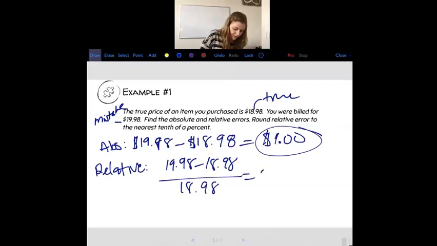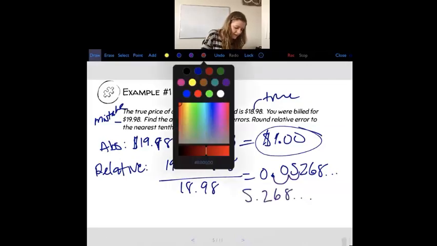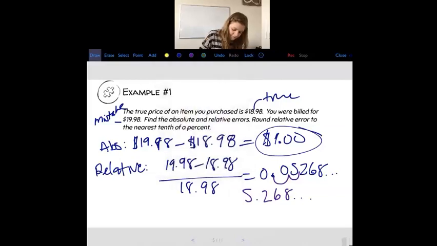So I'm getting 0.05268 and so on. So we make it a percent first, so multiply by 100. And then now we round to the tenths place, which is going to cause the 2 to go up 1. So the relative error would be 5.3%.